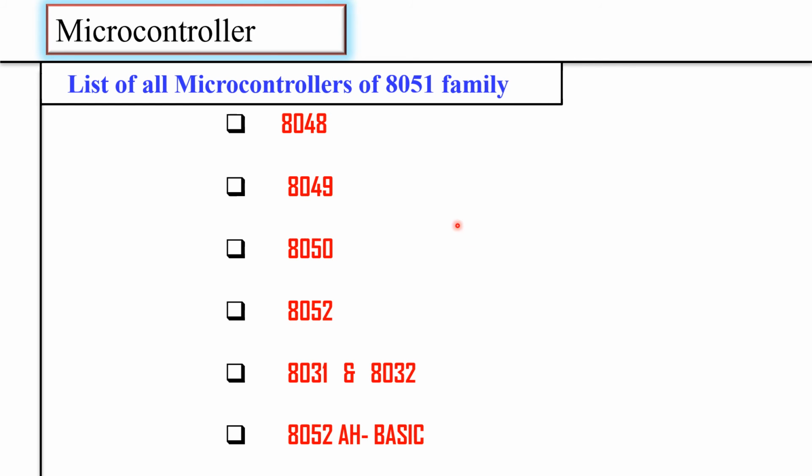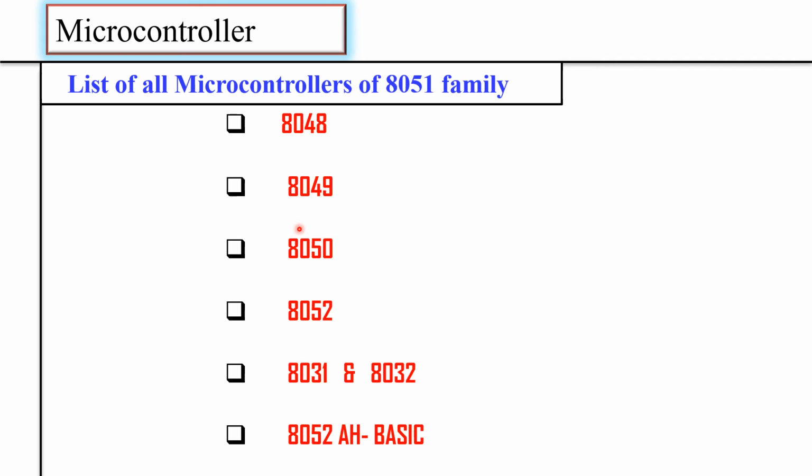Okay, as the generation proceeds, the memory doubles in each case, right? So 8048 supports 1 kilobyte of internal memory, whereas 8049 supports 2 kilobytes of internal memory, and 8051 supports 4 kilobytes of internal memory.